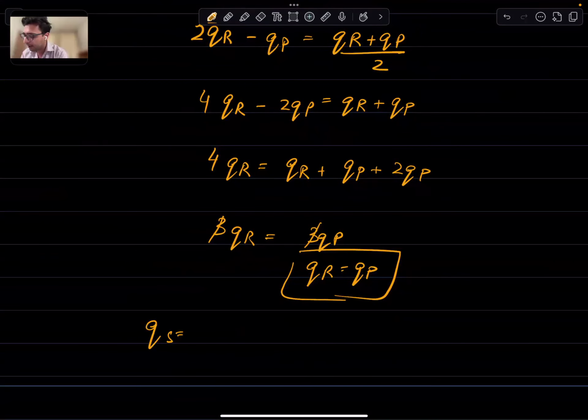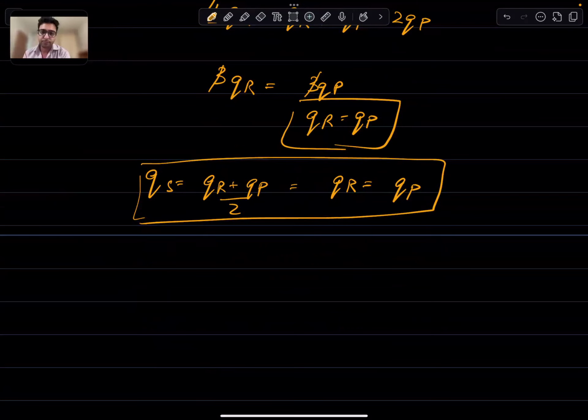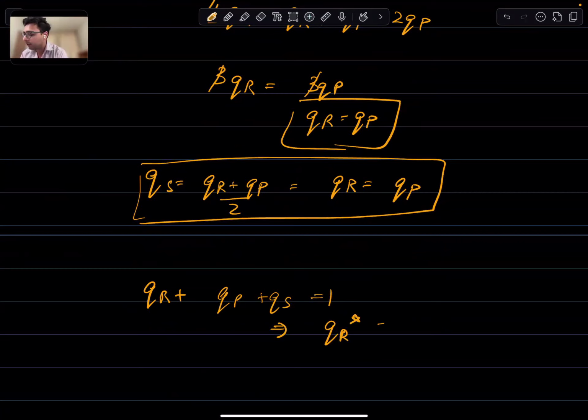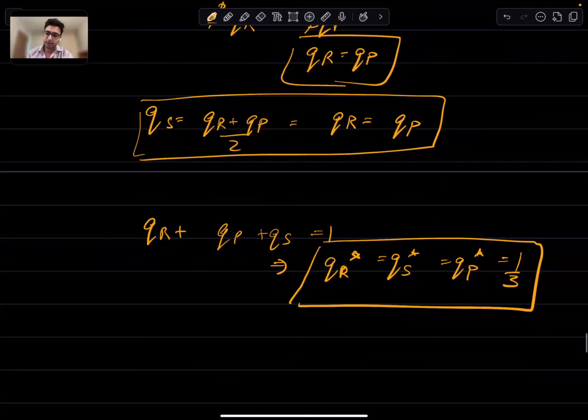And then QS, which is (QR plus QP) divided by 2, will also equal QR, which will also equal QP. Right? So they're all equal in equilibrium. And because they're probabilities, we know that QR plus QP plus QS has to equal 1, which means that QR star equals QP star equals QS star. Right? Because that's the only way they're equal to each other and add up to 1. Each of them has to be 1/3.